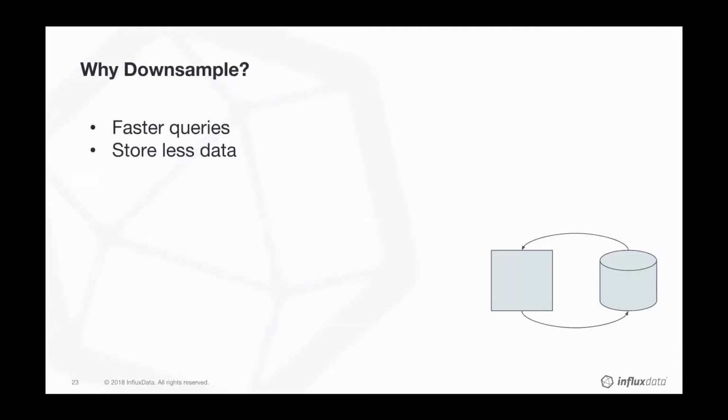You still want to retain a snapshot, an overview of that data, but you don't need to keep all of those data points to the nanosecond. You could store it in 5-minute windows or something. So you'll still keep a good idea of what happened during that time, but you'll significantly cut down on the storage concerns.